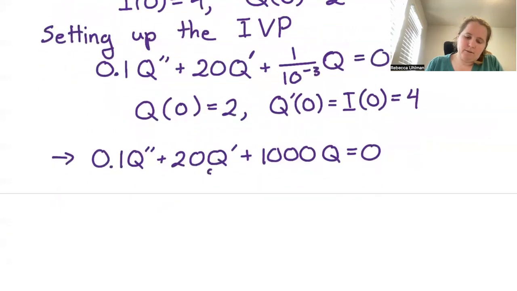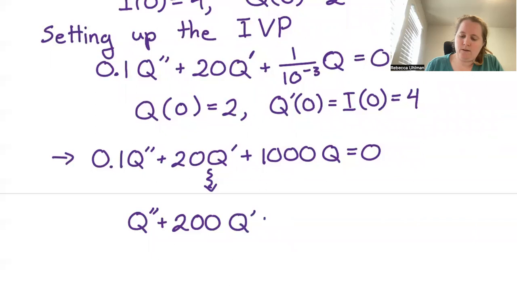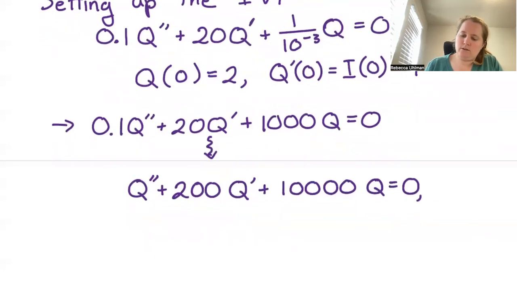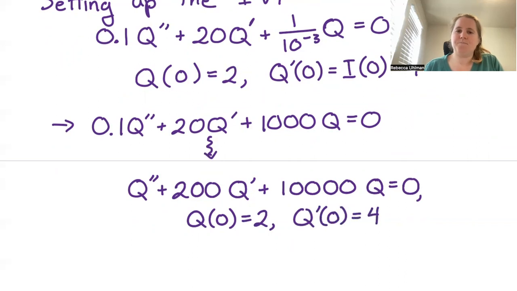And then this is equivalent to Q double prime plus 200 times Q prime plus 10,000 times Q is equal to 0, with initial conditions Q of 0 is 2 and Q prime of 0 is equal to 4.